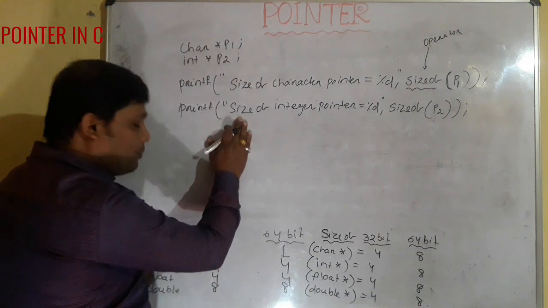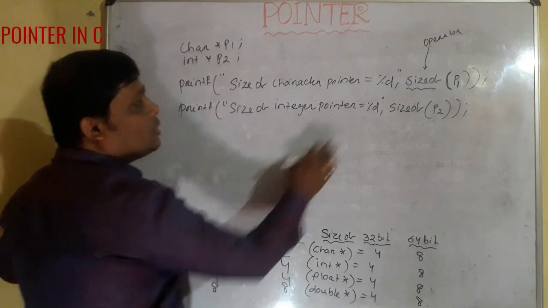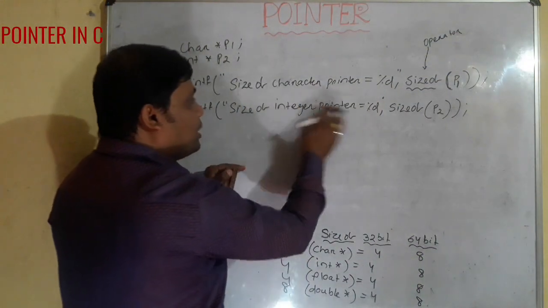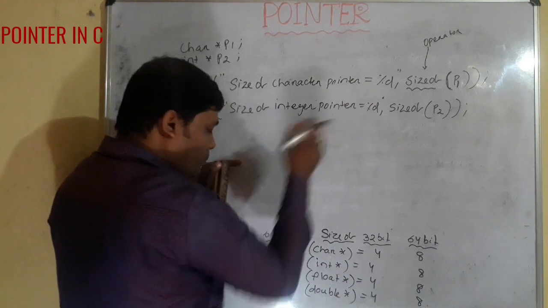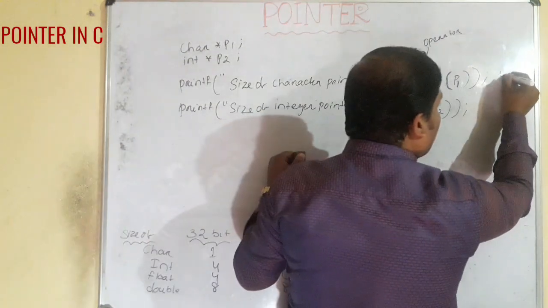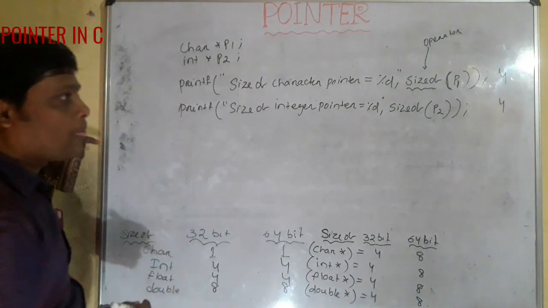Clear? But if your system is a 32-bit system, then it will display for all the pointers, for character pointer, integer pointer, whether float pointer or double pointer, it will display what? 4. Clear?